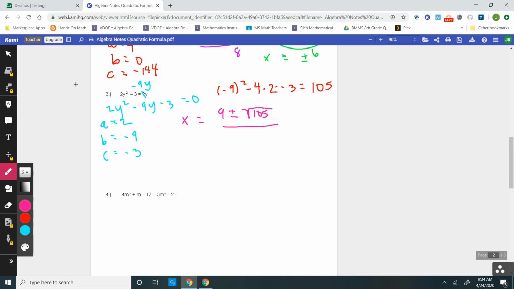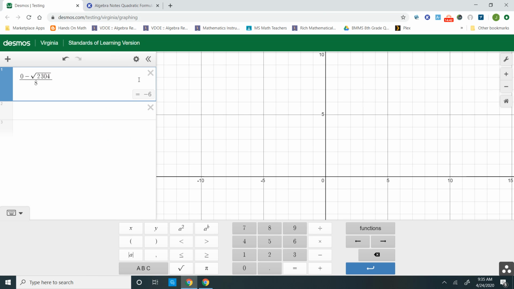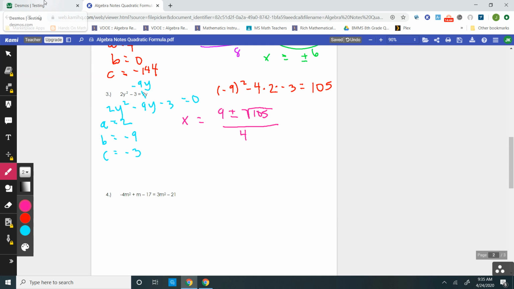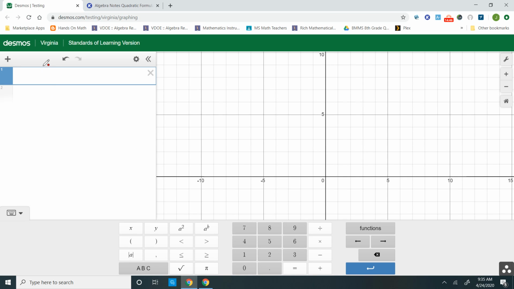And then it's divided by 2a on the bottom. So 2 times your a, so 2 times 2, so that would be 4. So it'd be 9 plus or minus the square root of 105, all divided by 4. So you can just type this in to get it. So we can do the addition part first. So 9 plus the square root of 105.